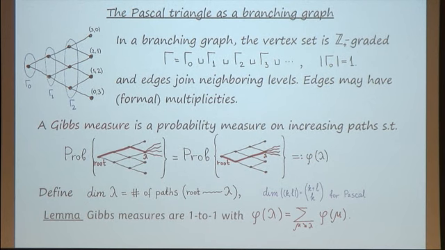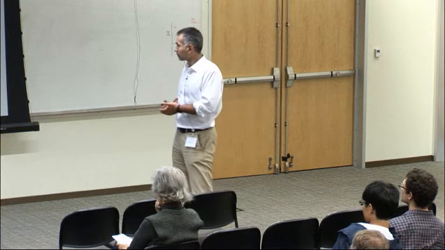Okay. I will also want to have another characteristic of my graph, which, for reasons I'll tell you later, is called the dimension of a vertex, and that's just the number of paths from the root to the vertex, and so that's the binomial coefficient for the Pascal graph, right?